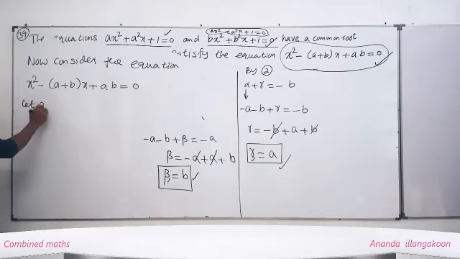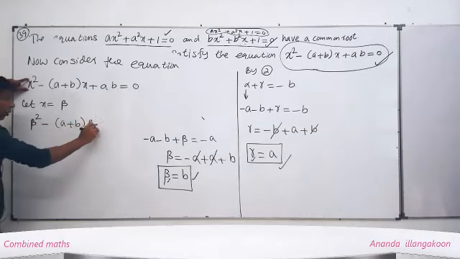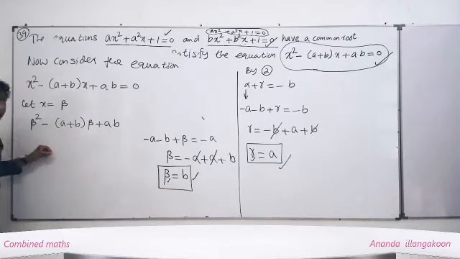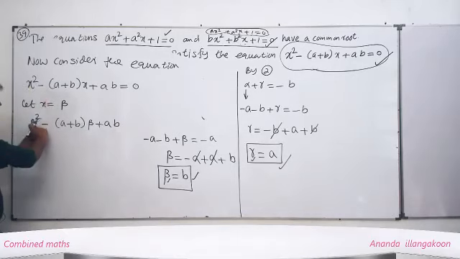Let x equals beta. Now, people, I am going to put that beta here. Beta squared minus (a plus b) times beta plus ab. People, can you directly put equal 0? I substitute for this x beta.